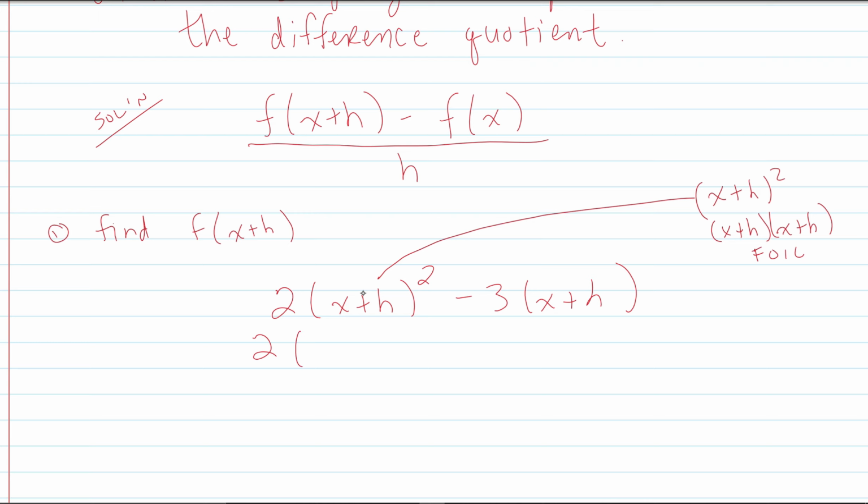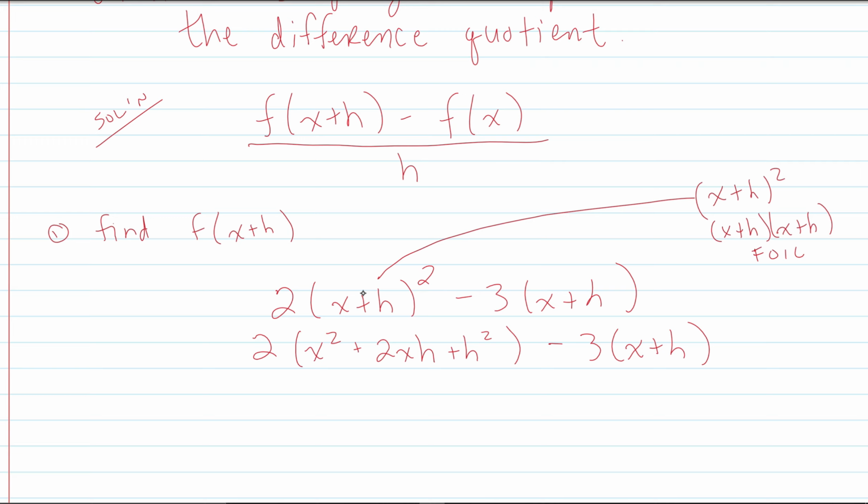So what we get, and I'm going to skip an intermediate step in the FOIL method because that's something we can do on the side and match up our answers. We should get x squared plus 2xh plus h squared, minus 3 times x plus h.